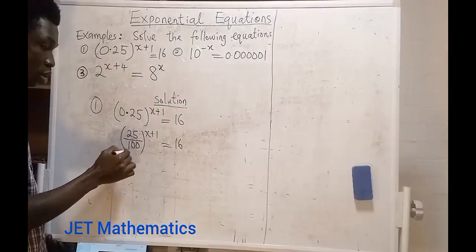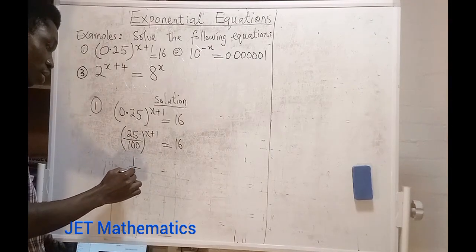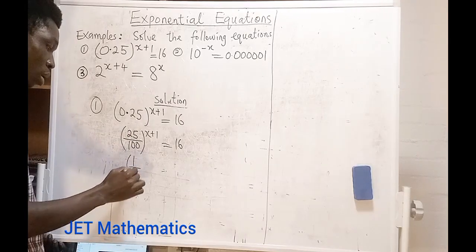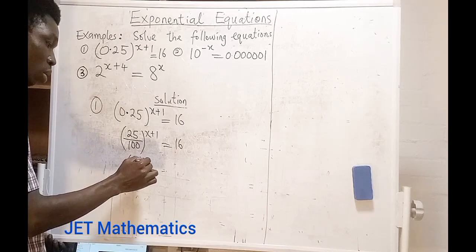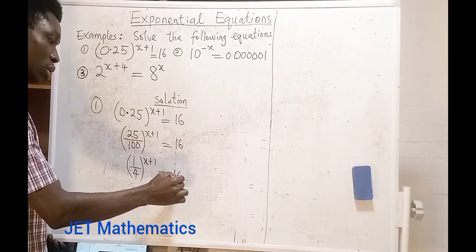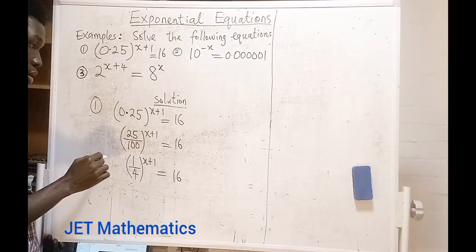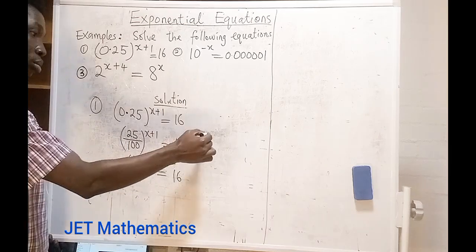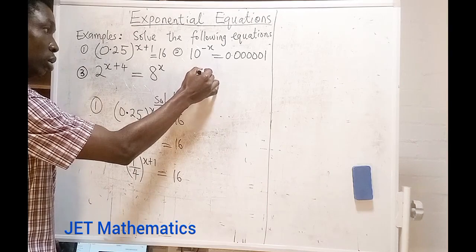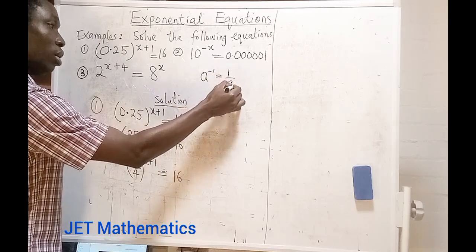Then we can reduce this to its simplest form. This is 1 over 4, raised to the power of x plus 1 equals to 16. Okay? So using the law, recall this law: a raised to the power minus 1 is the same as 1 over a.